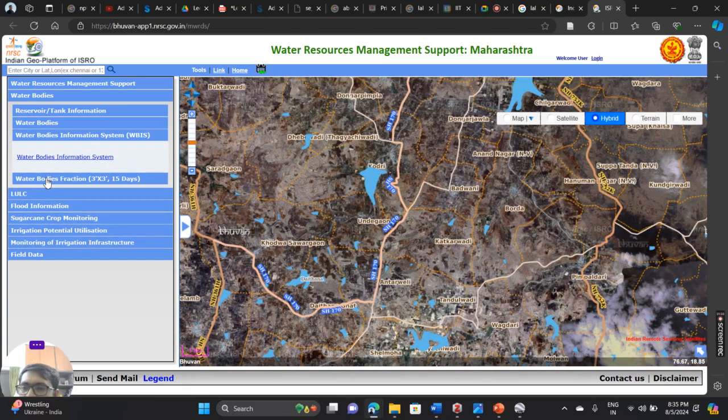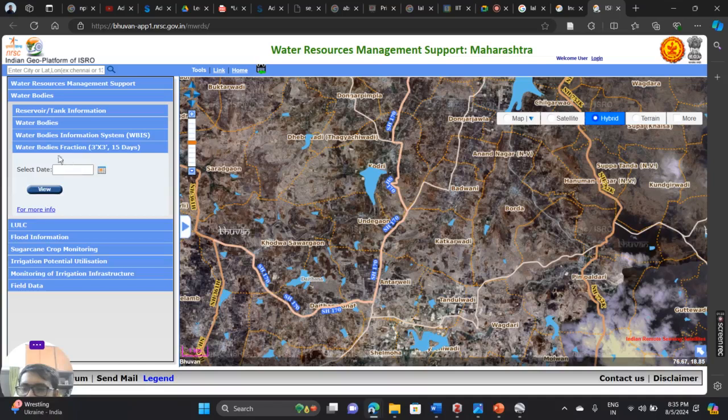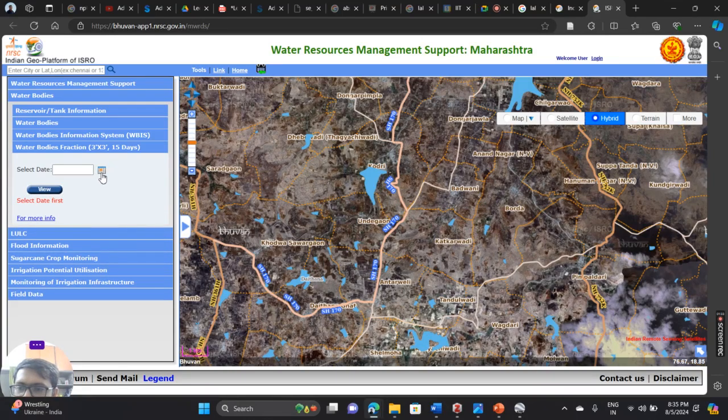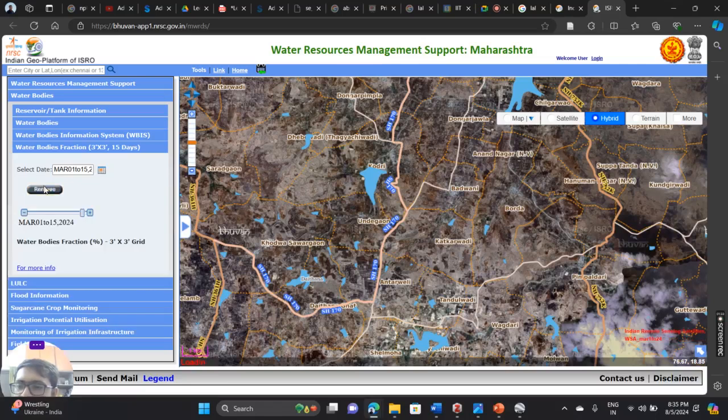Apart from it, you can see what fraction of a water body is full. You can get that fraction by clicking on any particular date, and the latest update is there. According to the fraction, it will change.